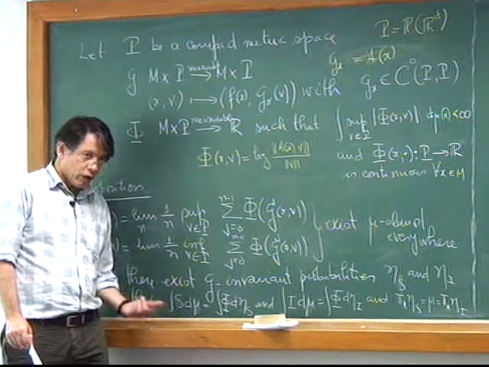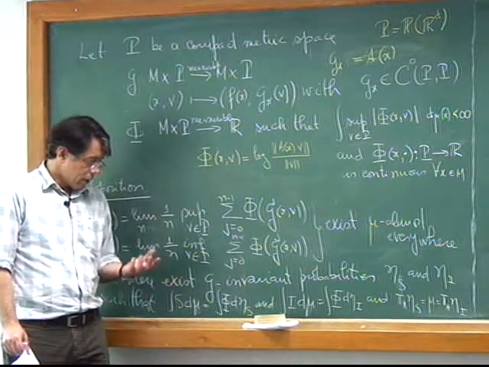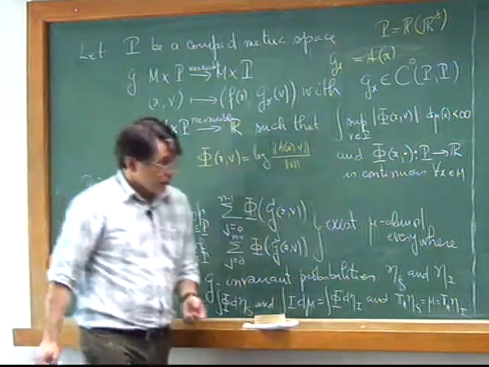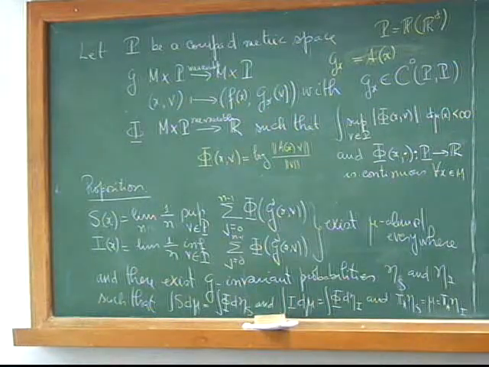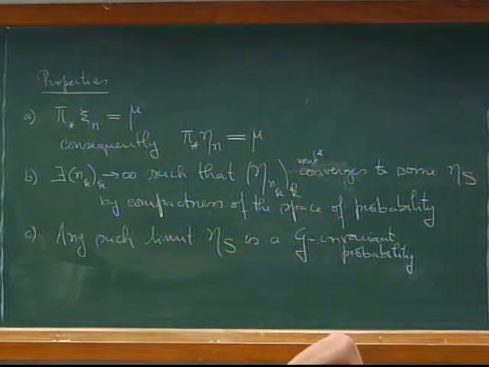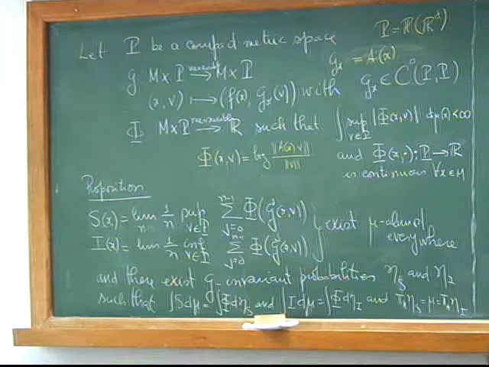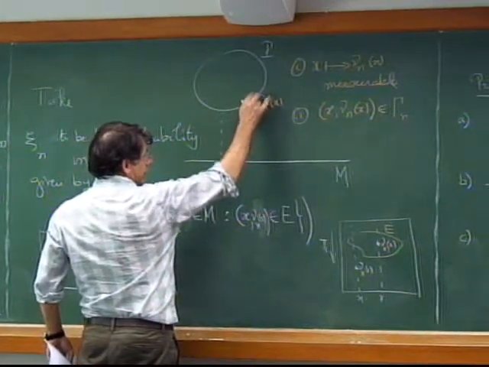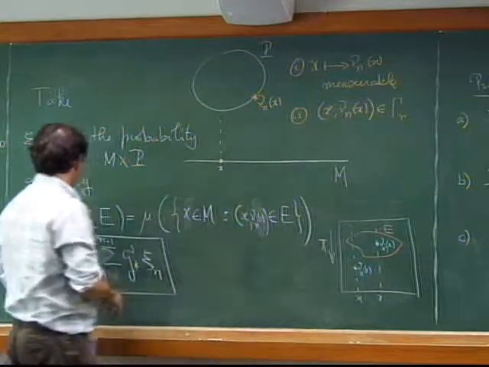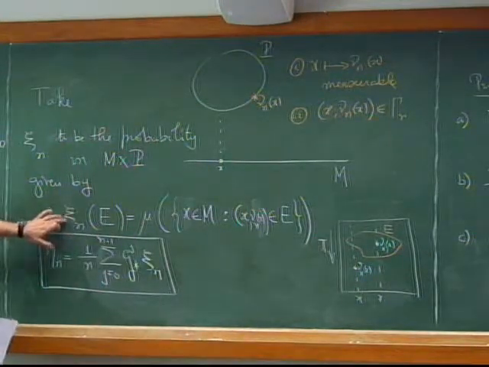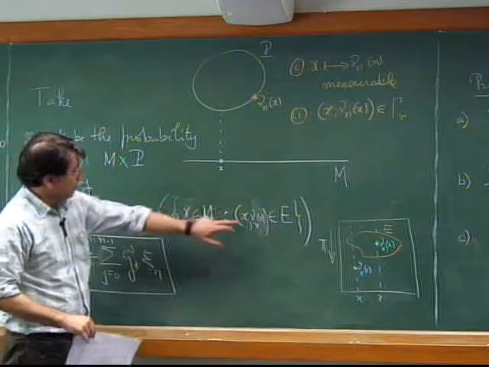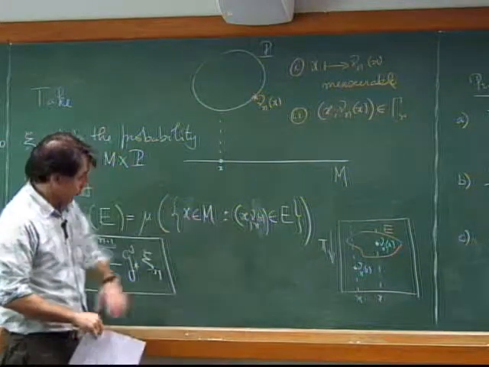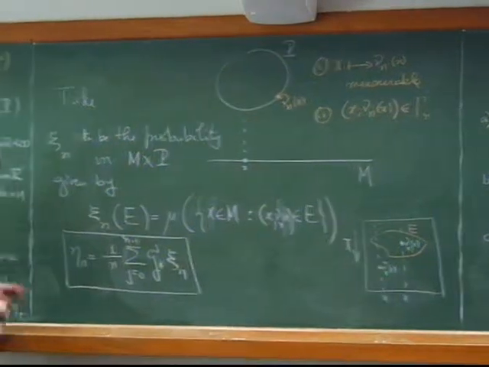So how do I construct this? How do I get eta s? First thing is this measurability argument to find this invariant section. Then basically I put a Dirac mass on each one of these vectors multiplied by mu here. That's what Cn means. This is essentially mu multiplied by a Dirac mass on each one of these points.